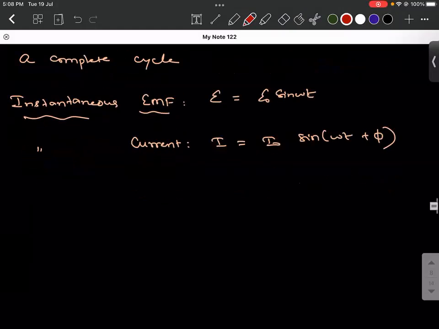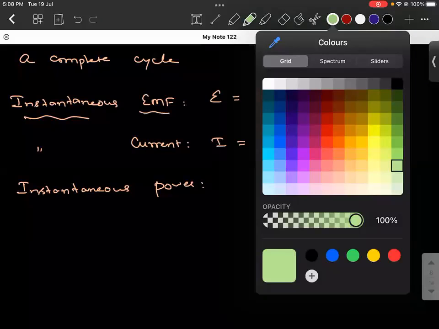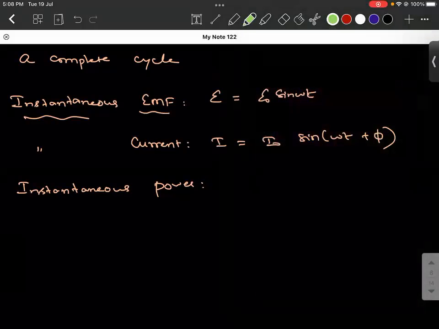Is it clear? So what will happen to the instantaneous power?